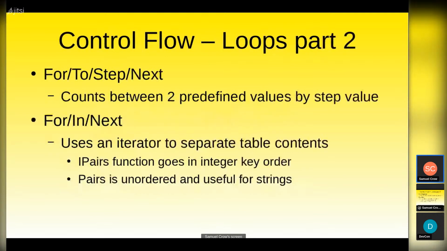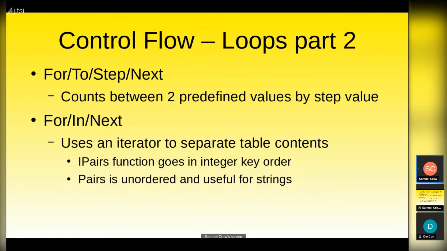The counted for loop is for numeric units and can have an optional step value that would otherwise default to 1. The general for loop is used with an iterator function to iterate over tables mostly.